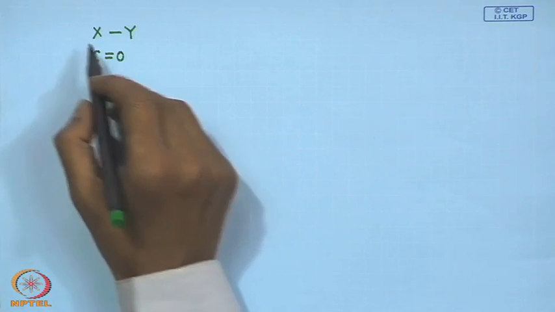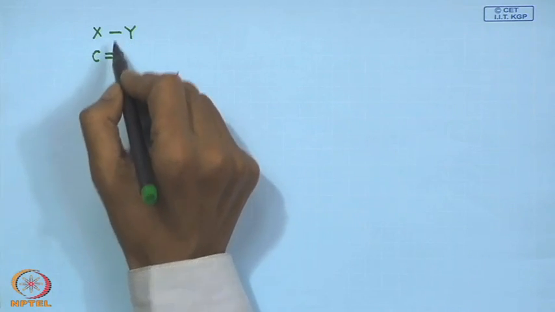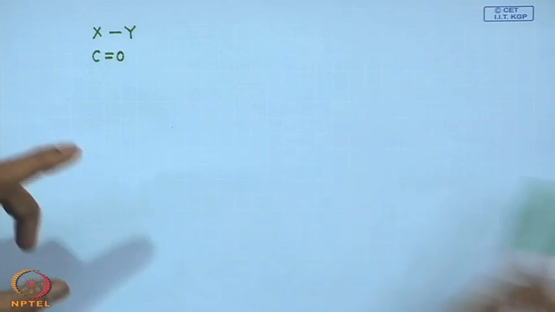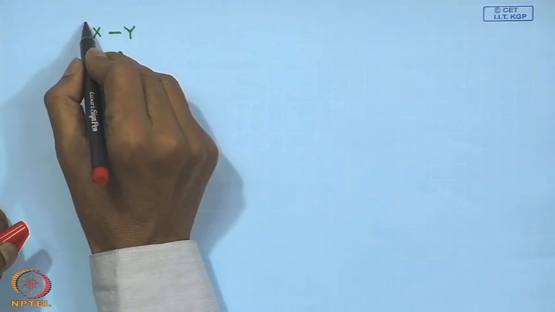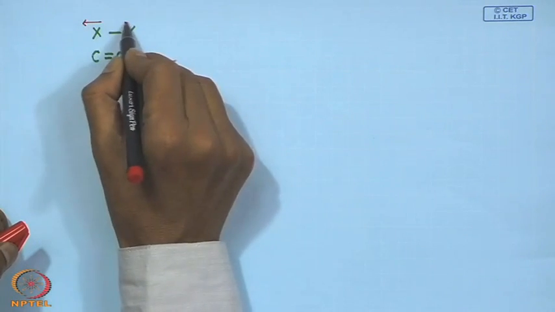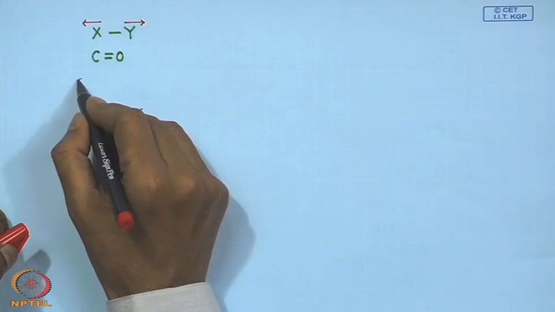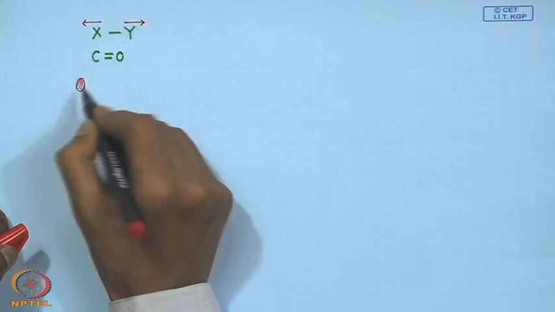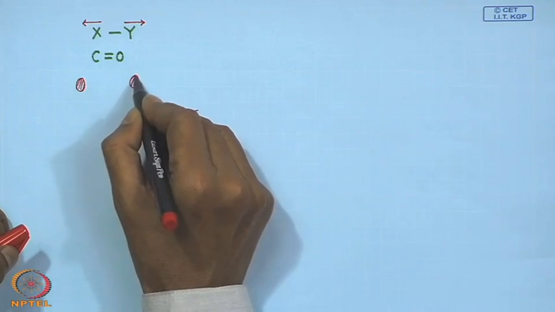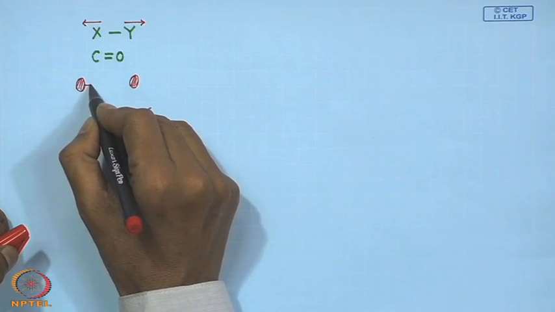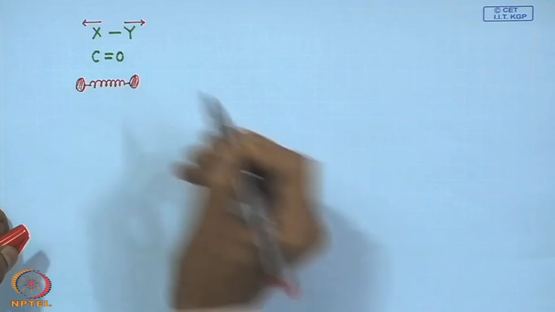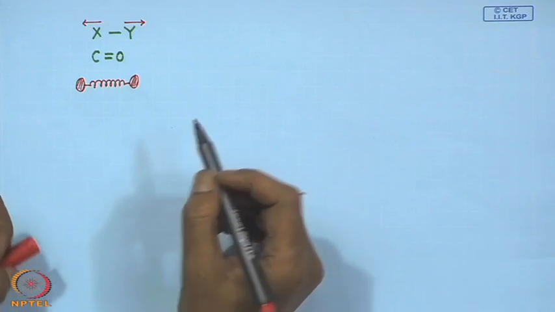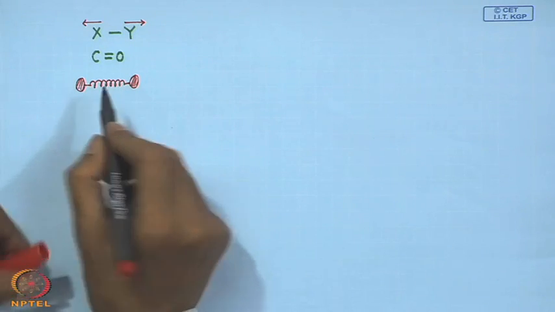Then we will find that these atoms are fixed with this covalent bond and they are vibrating along the bond axis. So, we have 2 balls basically, these balls are X and Y, and they are connected through a spring which is the corresponding bond.